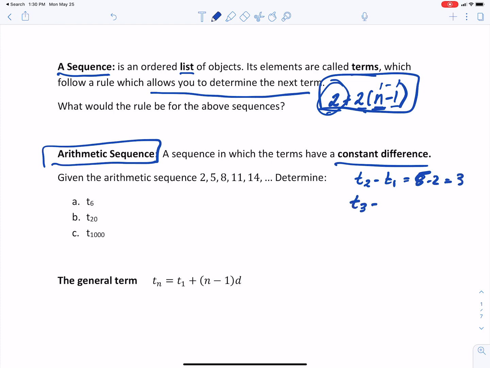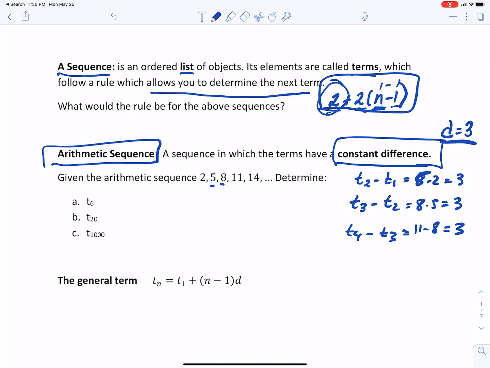Or I could take two other consecutive terms and subtract those. 8 minus 5 is also 3. Or term 4 minus term 3 is 11 minus 8, which is also 3. And so you can see that it's constant. So now I know the constant difference, which we use the letter d for, in this case, is 3.